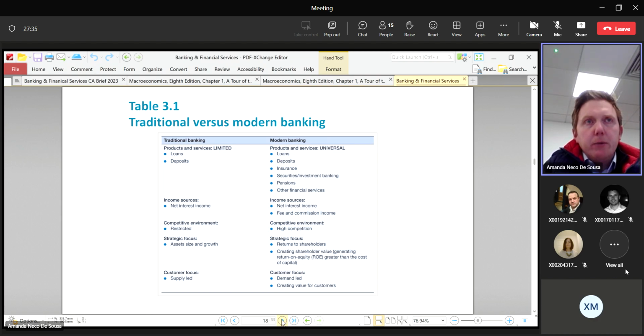You can see some of them there beyond just loans and deposits. On the right hand side, you've got them providing insurance, pensions, and all that good stuff. As there was a much wider range of services, not only do those universal banks have net interest income, but they also have fee income, which can come from selling a pension or being a corporate financier on a big corporate deal.